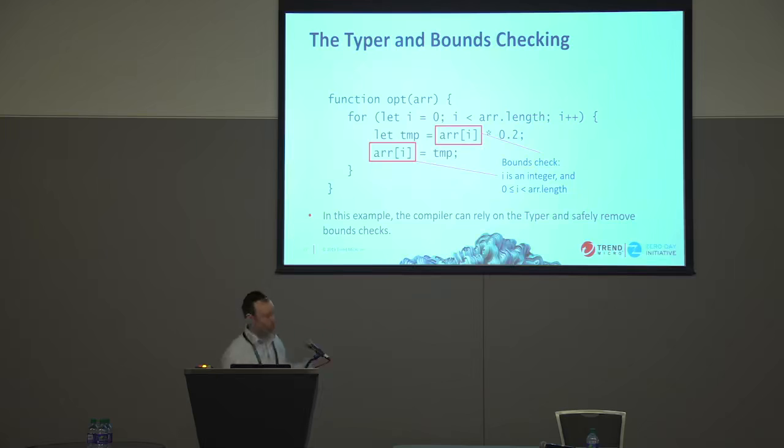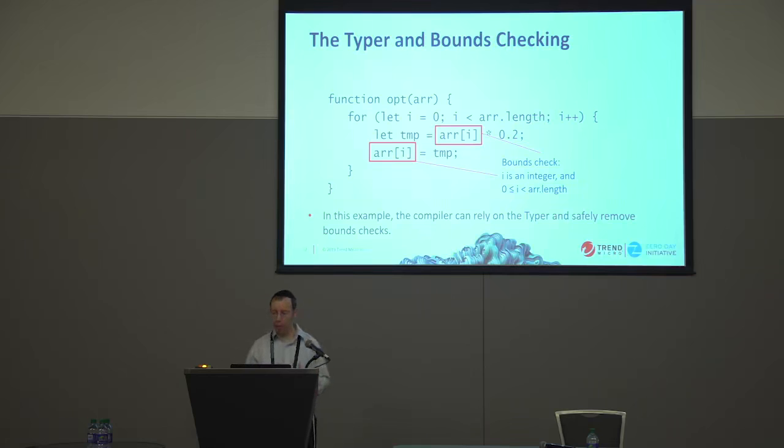But the typer can help a great deal in this case because it can propagate deductions about the variable i, and it can establish that i will always be an integer and that it will always be within the proper range. And capitalizing on this, the JIT compiler can remove all bounds checks shown here, significantly enhancing performance of the loop.